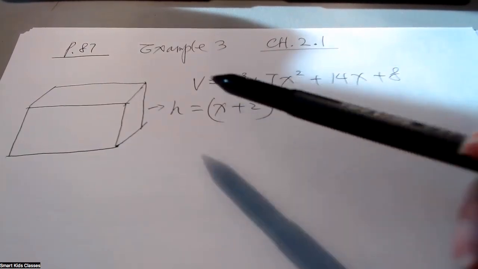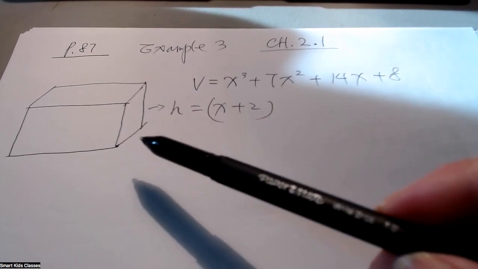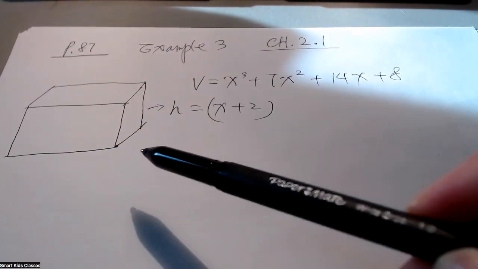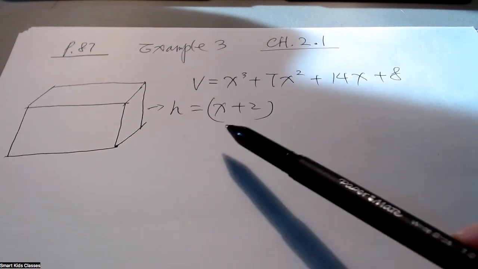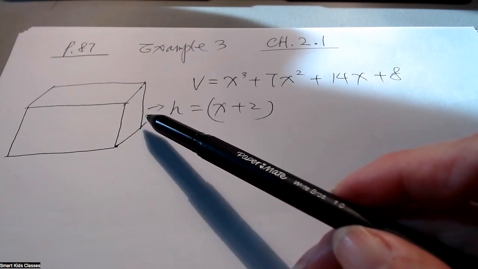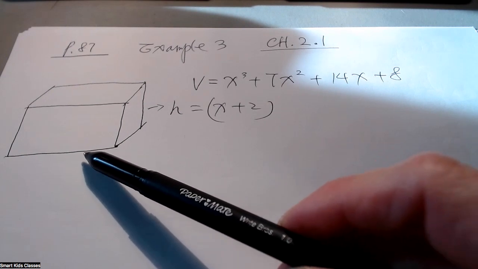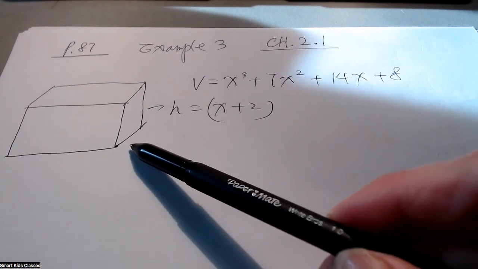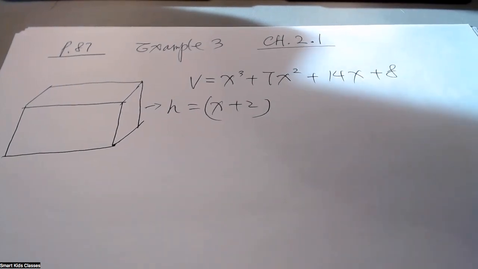Example 3 on page 87 is a problem solving question. It gives you a rectangular prism, the volume, and the height, and asks you to find the dimensions of the base. The base has a length L and a width W. So how are we going to do it?